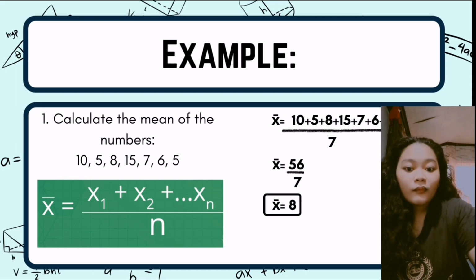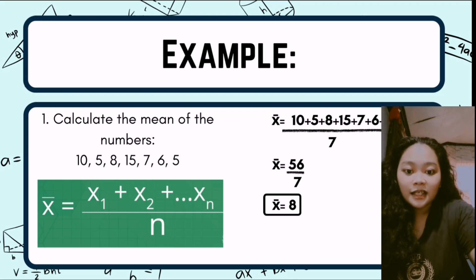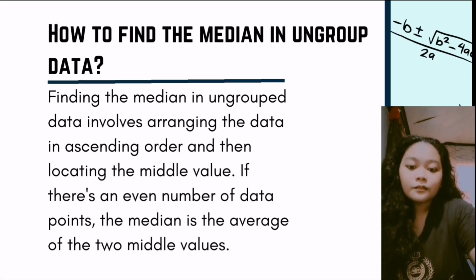The first step is to sum up all the numbers: 10 plus 5 plus 8 plus 15 plus 7 plus 6 plus 5 equals 56. Then we divide by how many numbers there are, which is 7. 56 divided by 7 equals 8. So our mean here is 8.